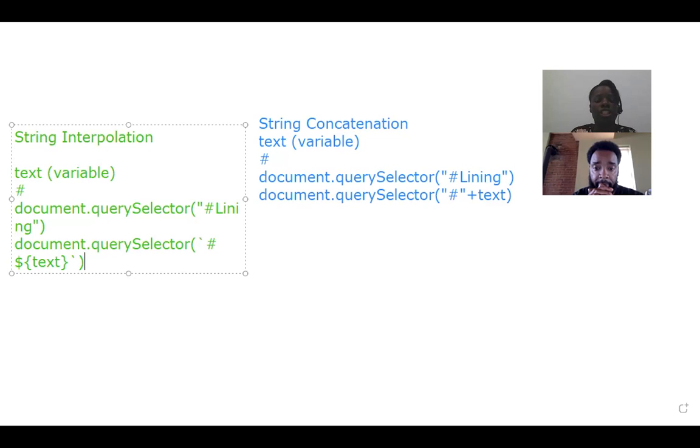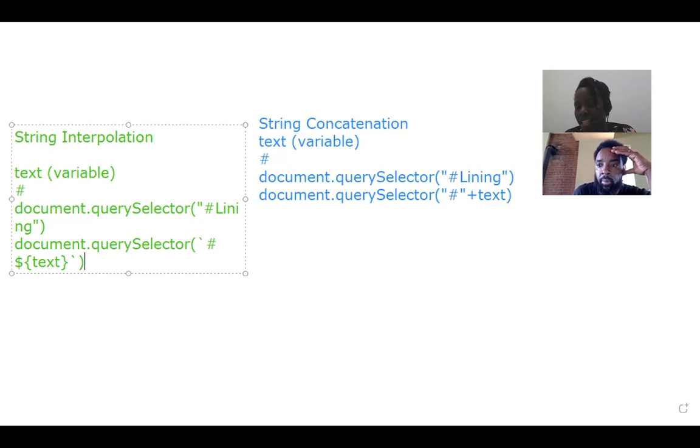String interpolation uses backticks, dollar sign, and curly braces to indicate a string that combines text or your characters and your variables together in one string. Does that make sense now? It does. So with string concatenation, we use plus signs, and this forces us to make sure that every variable is of type string.